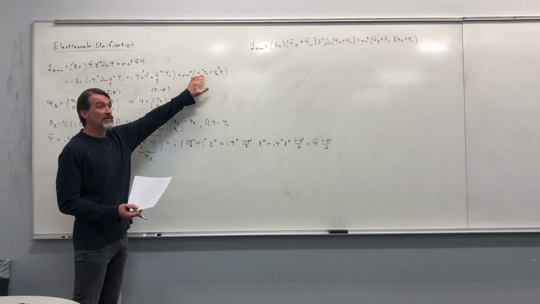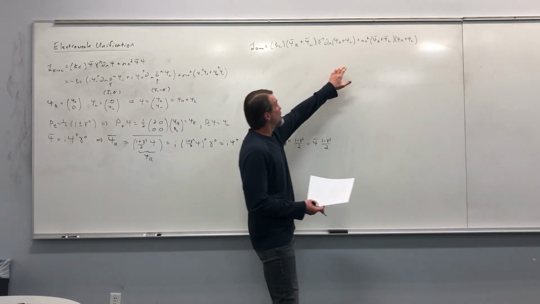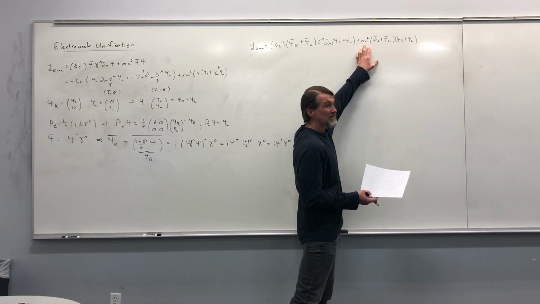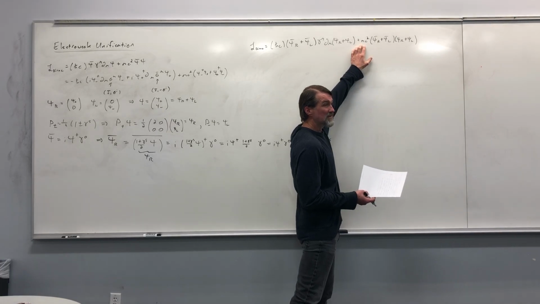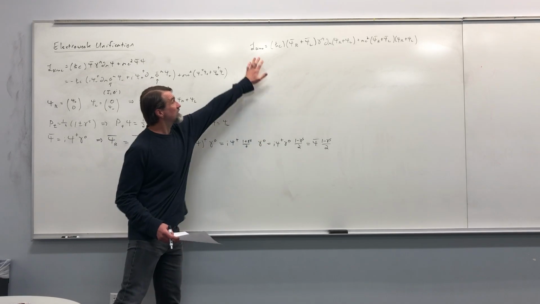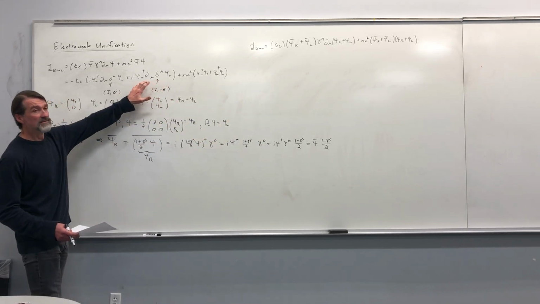But if the mass is not 0, you require both. However, it seems like I could take the left-handed parts to 0 and still have a mass term, right? Well, it turns out this contains the same information as this.